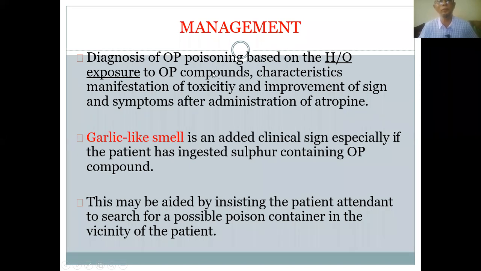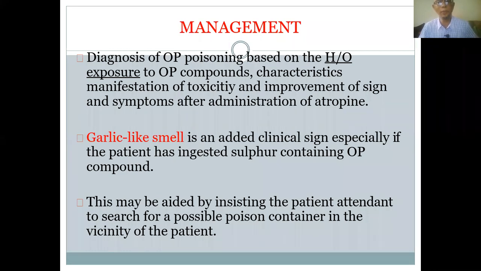Say a patient came to you with features of unconsciousness, and there is excessive salivation, and on examination you are seeing there is miosis, and there are lung findings, there are also abdominal findings and other features. So a high degree of suspicion is important for the diagnosis.